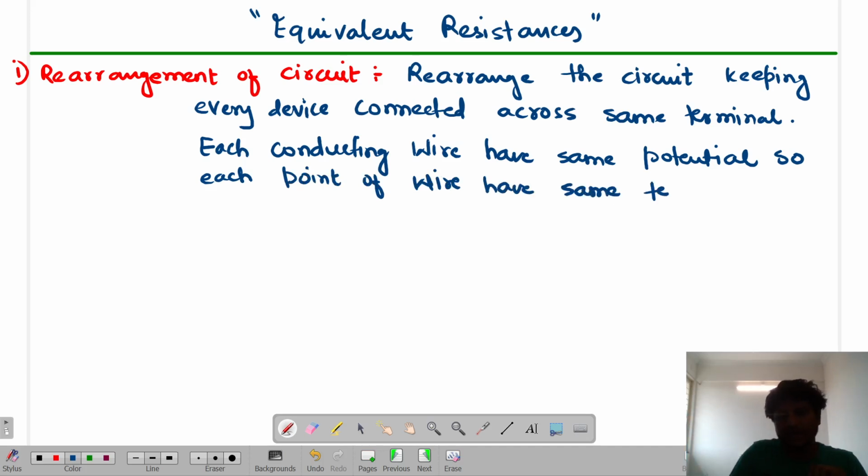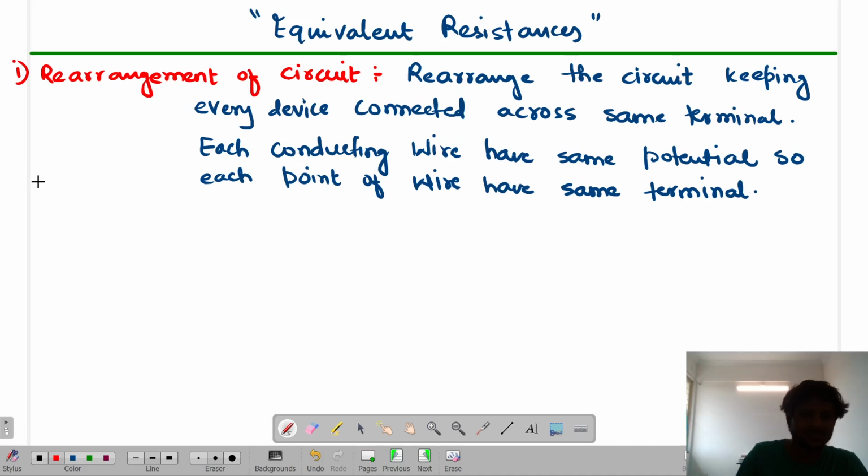So there are two ways to do the rearrangement of circuit. First is rearrange the circuit keeping every device connected across the same terminals. And second, if in that circuit there is a conducting wire, then you know that the conducting wire has the same potential. So all the terminals of the conducting wire also have the same potential. Are you able to get me or not?